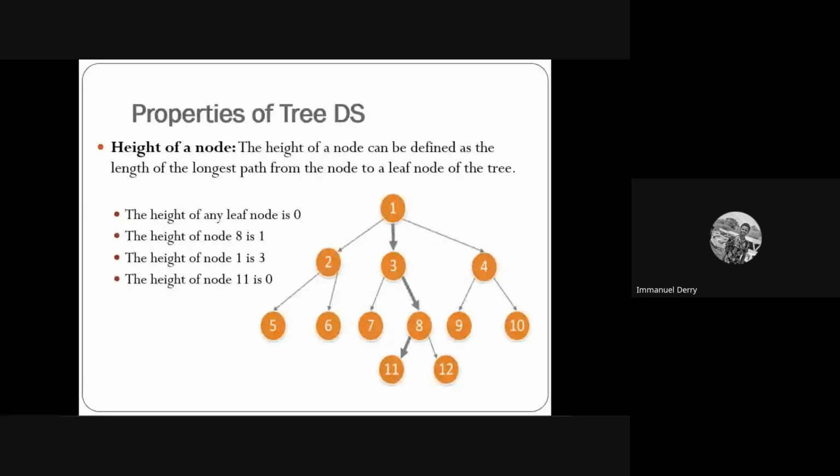If it is the root node, then you move from 11 to 1. But if it is 3, you move from 11, 8, and then 3, and then you stop there. So it's not always the case that you move from a leaf node to the parent. No, it depends on the node you are asked to find.